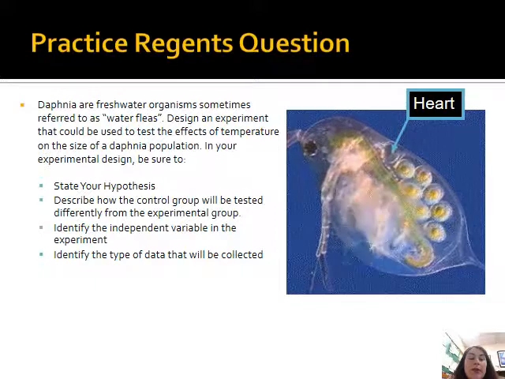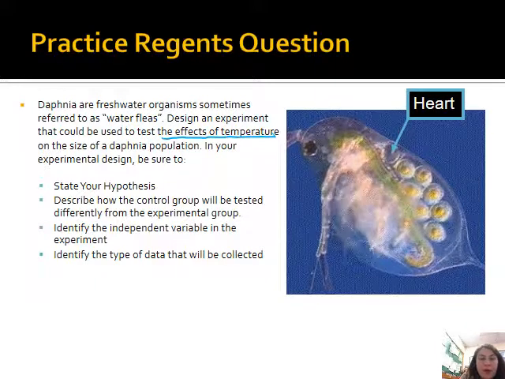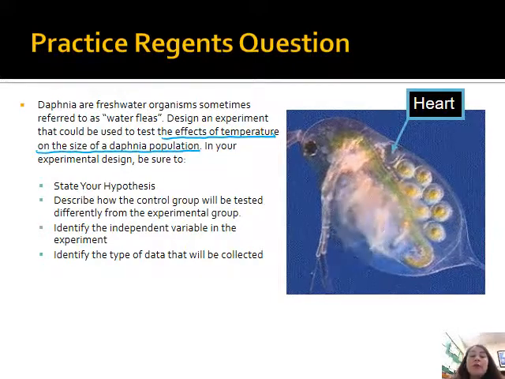Design an experiment that could be used to test the effects of temperature on the size of a Daphnia population. So I'm going to get my pen out and I'm going to underline exactly what they want us to test. And they want us to test the effects of temperature on the size of the Daphnia population. So this is different than the previous one because in the previous sample we were testing the effects of a substance on heart rate.